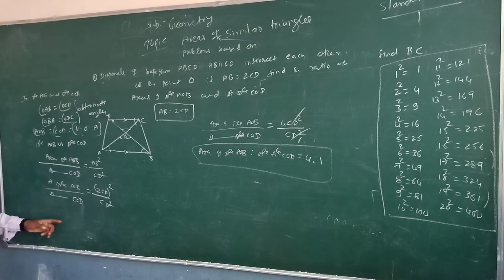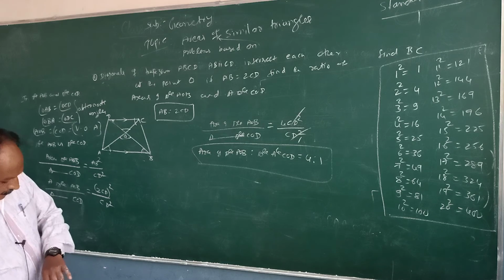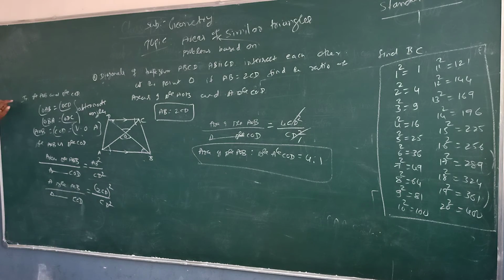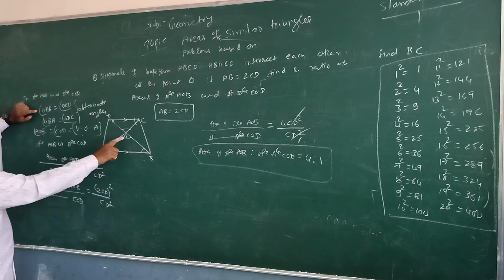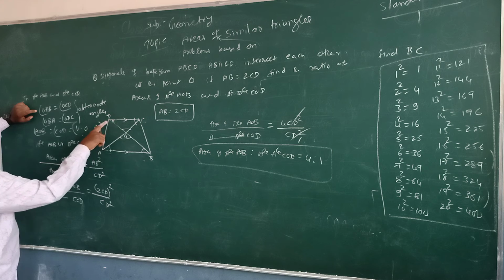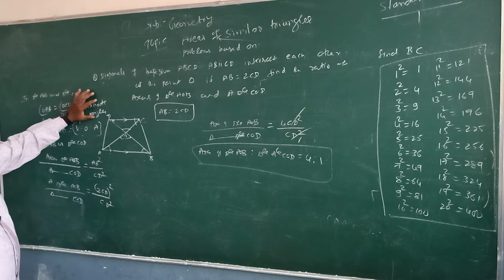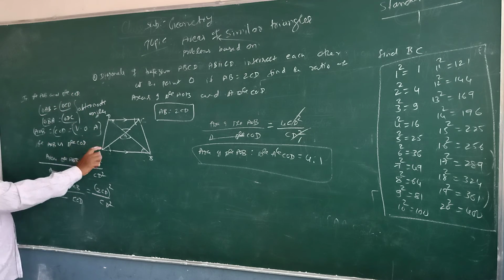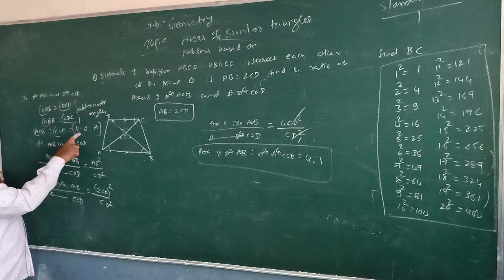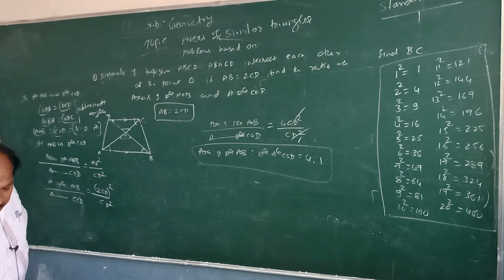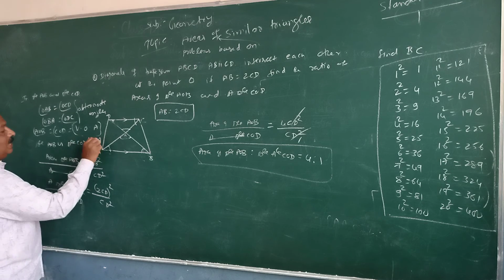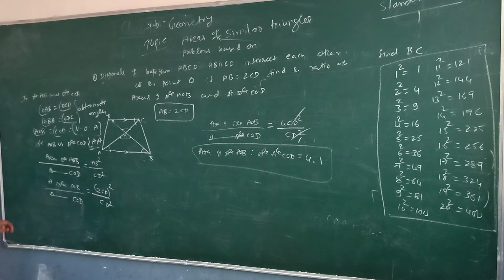I want to explain once again. In triangle AOB and triangle COD, angle OAB is equal to angle OCD, angle OBA is equal to angle ODC. We call them alternate angles. And angle AOB is equal to angle COD, vertically opposite angles. Therefore, triangle AOB is similar to triangle COD by AA similarity criterion.